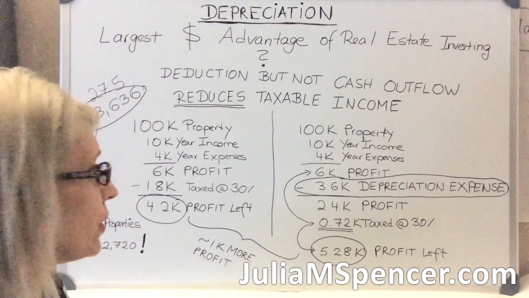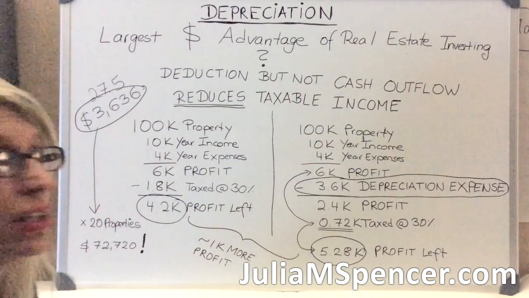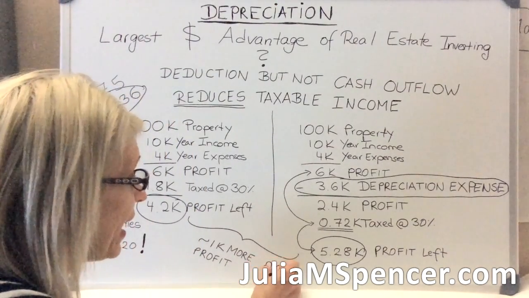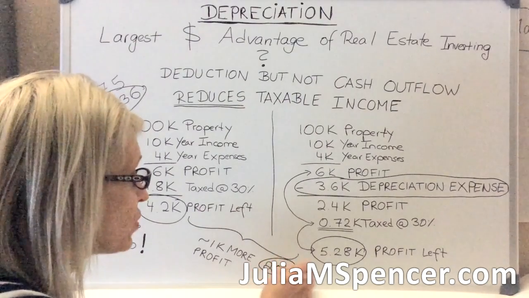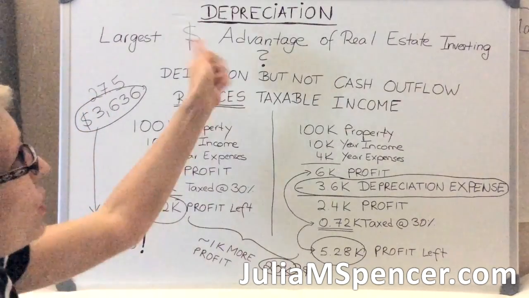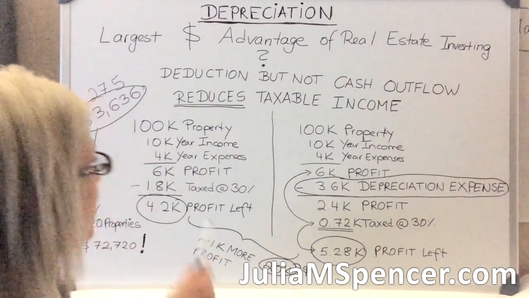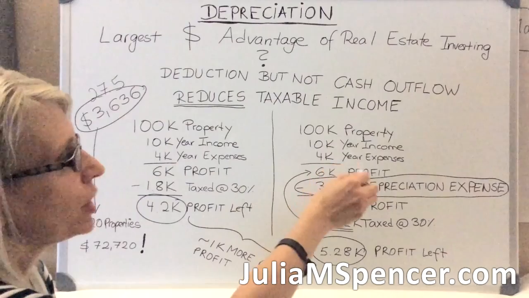So at the end of 1 year, if you had 20 properties, this right here would translate into 20K of additional cash flow that you could realize because of depreciation. Now, let's assume that this is actually not the right amount of income and expenses.